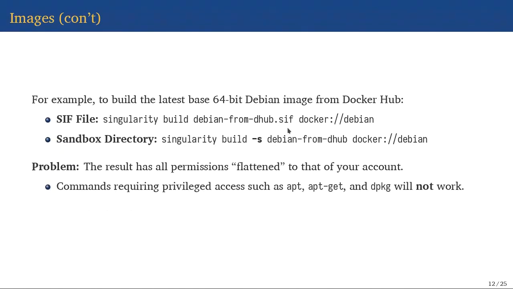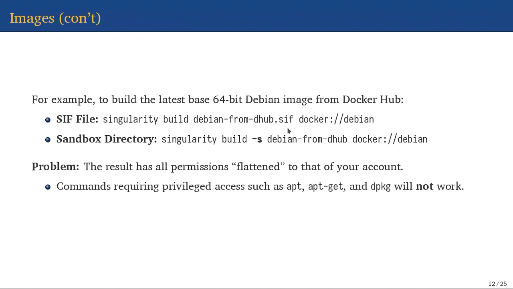So, for example, let's say you want to build the latest 64-bit Debian image from Docker Hub. Now, on Docker Hub, the latest 64-bit Debian image can be accessed by accessing Debian. That's the URL at Docker Hub, Debian, for that. There are other URLs with Docker Hub, and you can get those from Docker Hub.